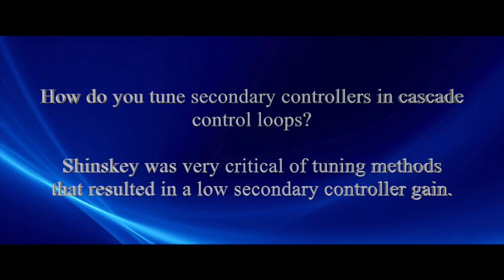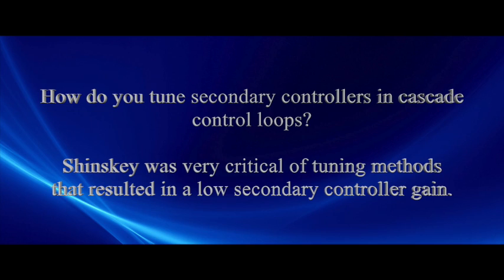But what's interesting is, and it has been shown, that an aggressive secondary loop, even to the point of oscillation, might be a good thing, particularly if there's a process time constant associated with the primary loop that's going to attenuate those oscillations.